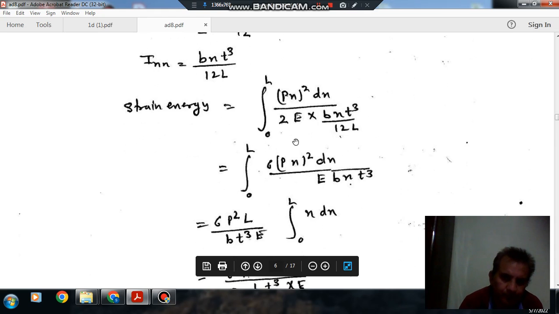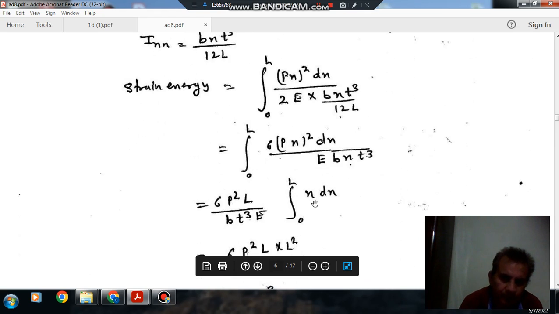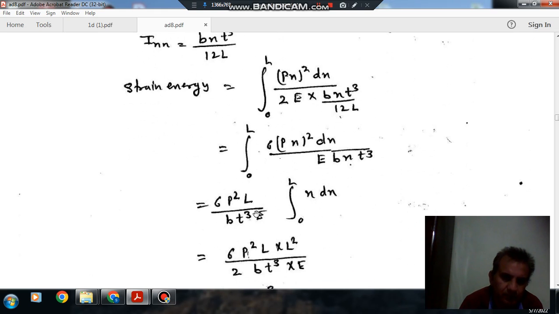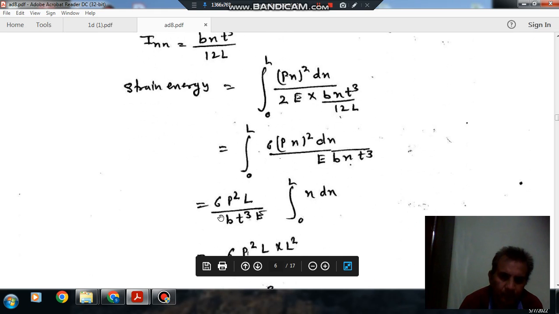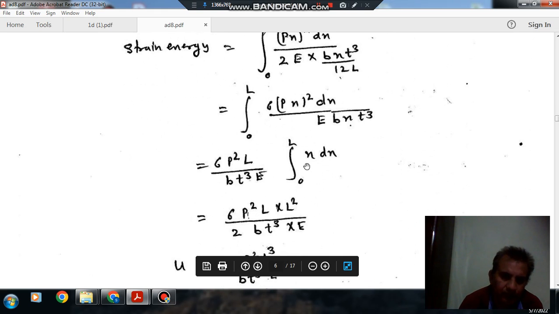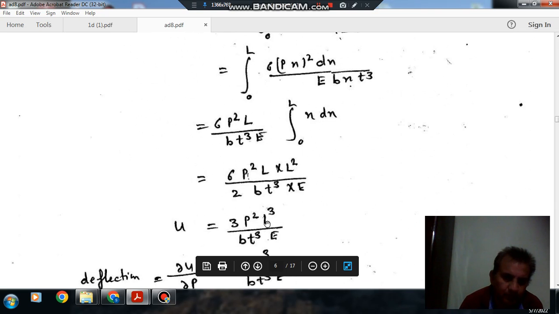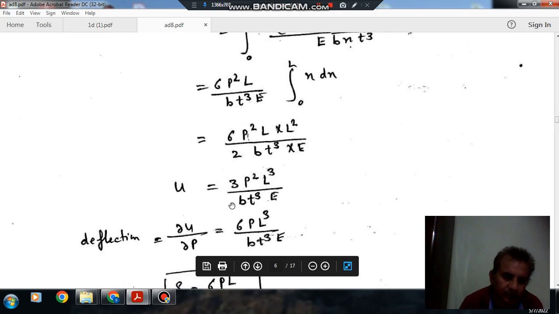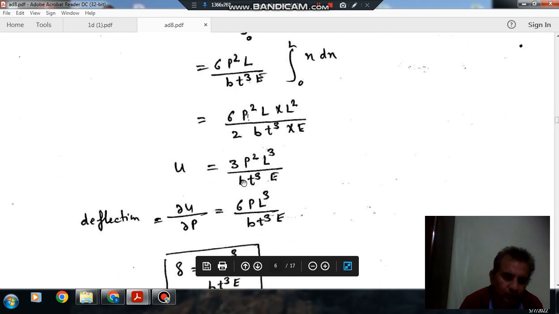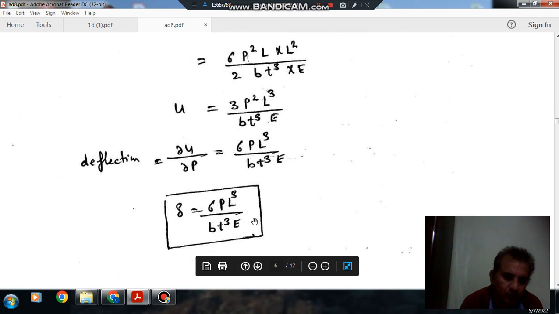Or x square by x will be x, so simply 6P square L by bt cube E, and integration will give x square by 2, or L square by 2, that is 3P square L cube by bt cube E. That will be the strain energy, and deflection is the derivative of U with respect to P, so this will be 6PL cube by bt cube E. So deflection is 6PL cube divided by bt cube E.